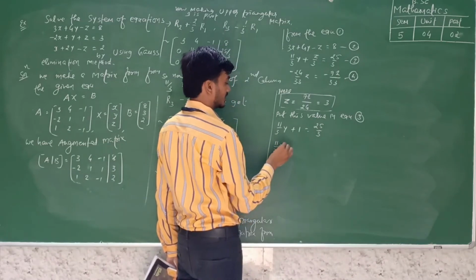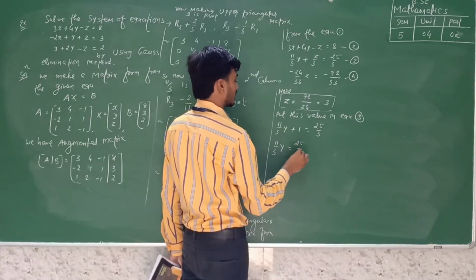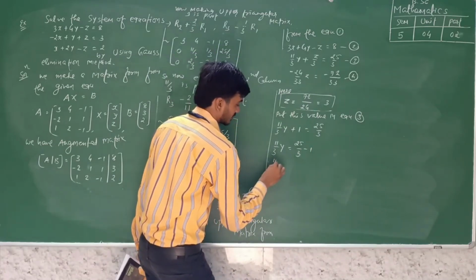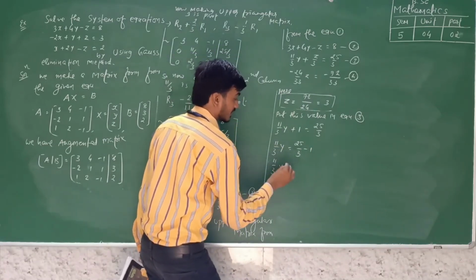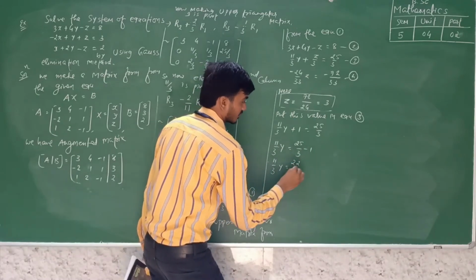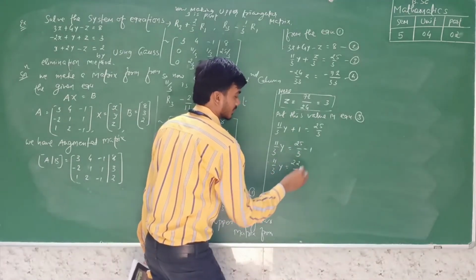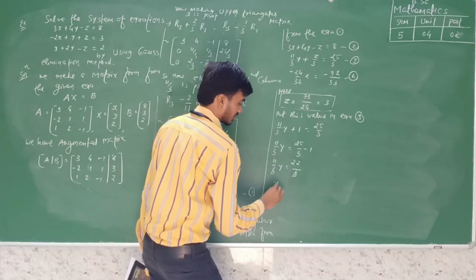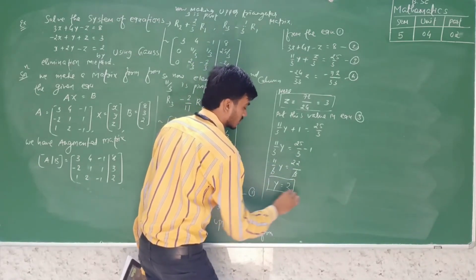So 11 by 3 y is 25 upon 3 minus 1, so 11 by 3 y is 22 upon 3, 3 cancels, 11y is equal to 22, that means y is equal to 2.